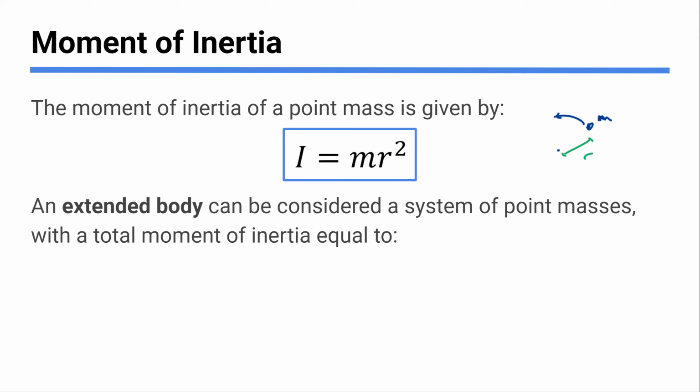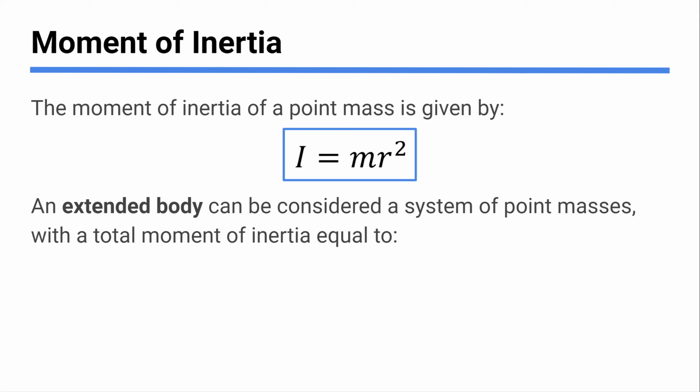When we're talking about an actual object, which we call an extended body or a rigid body, like a door or a rod or a spinning baseball, we can treat that as a system of point masses. We're not going to literally do this, so don't worry.